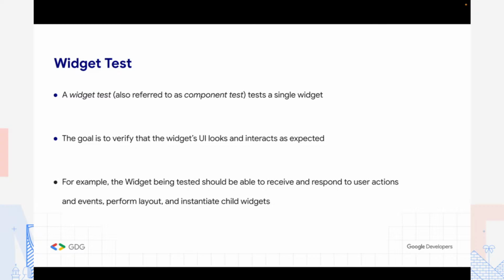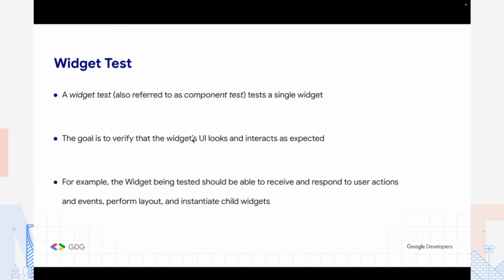And here, if you want to test one widget, then we are going to write a widget test. So here we cannot test classes, functions, and methods. Here we are going to only test the widgets.